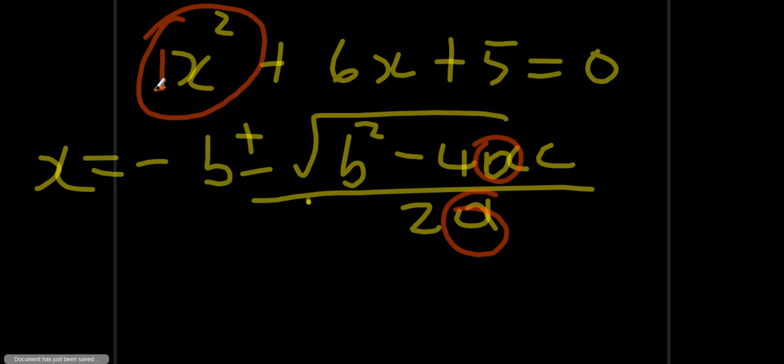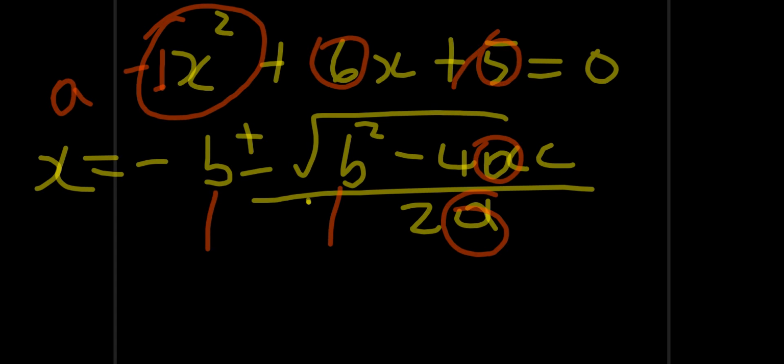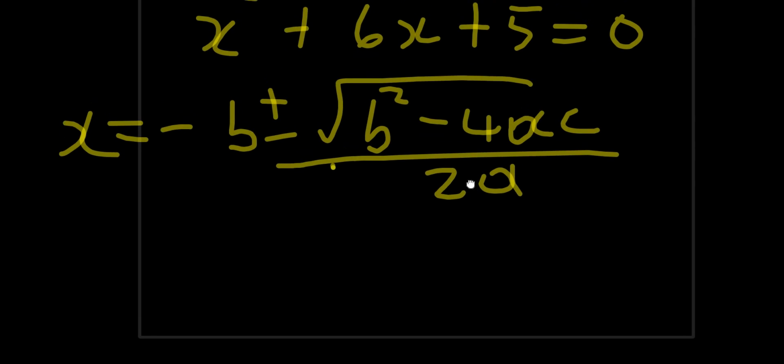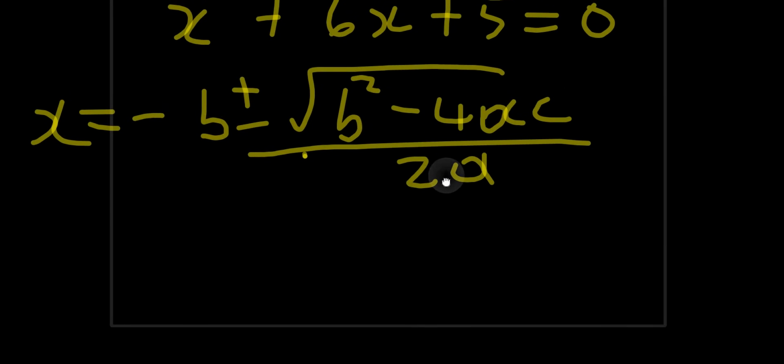The 6 represents b, and the 5 represents c. Once we have that, all we need to do is substitute these values into their respective variables, and we are good to go.